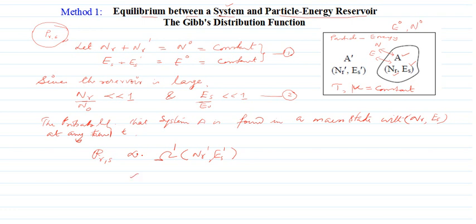So finally it is a function of NR itself. And ES prime can be written as E naught minus ES. So there is a functional dependence. Let me say that this is my equation number 3, PRS is proportional to this.